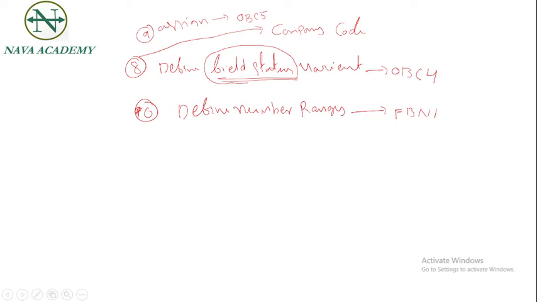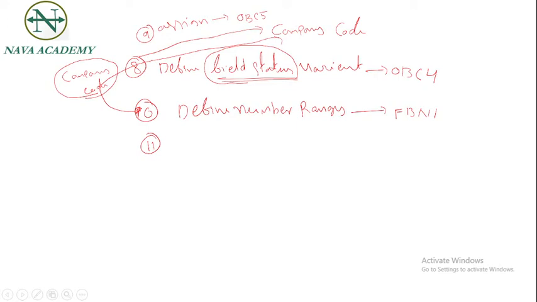This is also automatically linked to the company code, because at the time of opening the number range, SAP first asks for the company code. So after giving the company code, you define number ranges. So this number range is automatically connected to the company code.